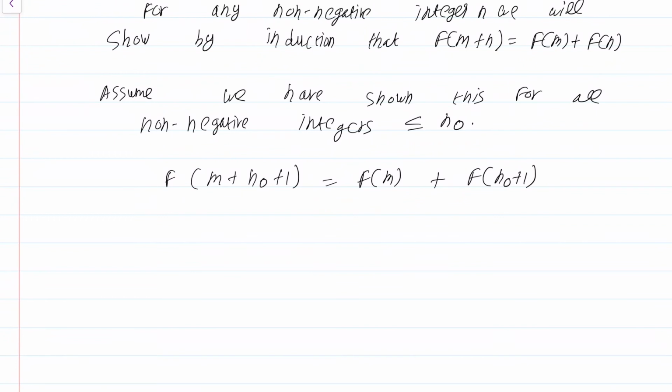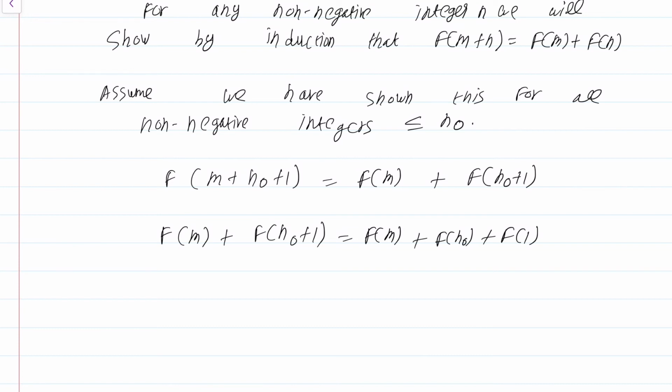Okay. But observe that the right hand side, f of m plus f of n naught plus 1, is actually f of m plus f of n naught plus f of 1. Why is this true?